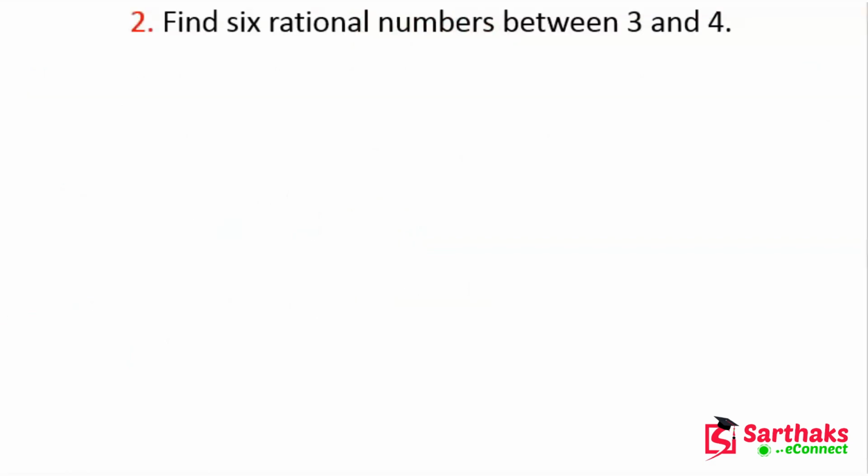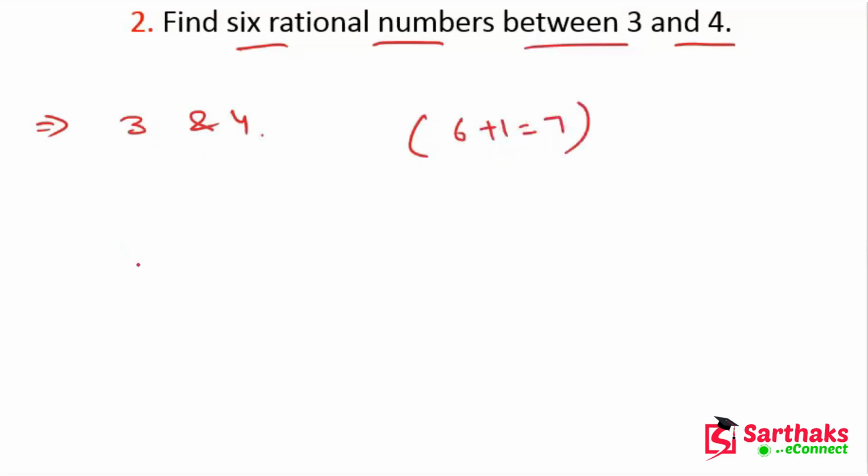The second question is: find 6 rational numbers between 3 and 4. So my dear friends, we have to multiply by 6 plus 1, which equals 7, in the numerator and denominator of both numbers.